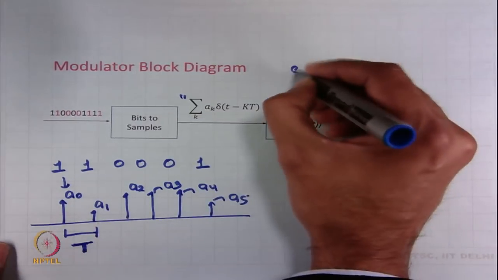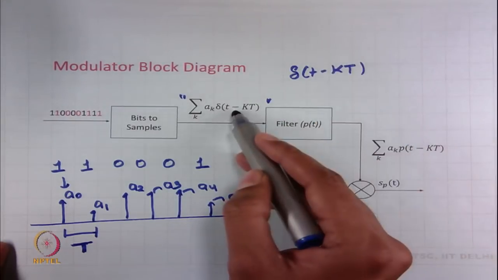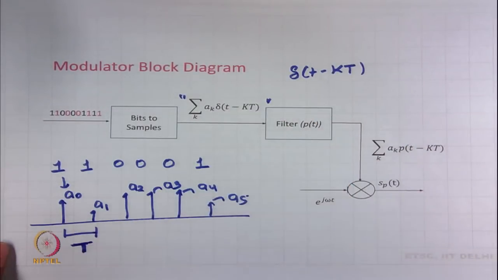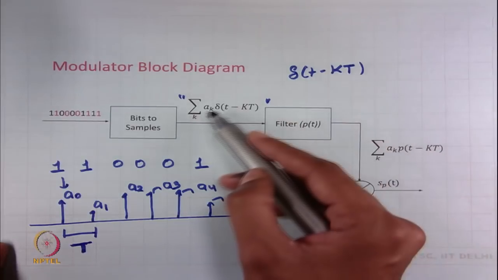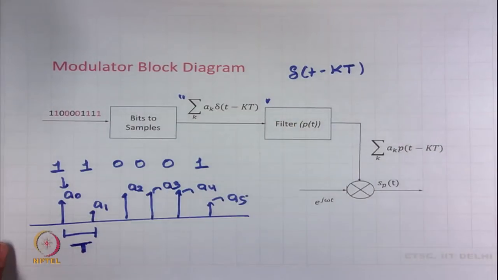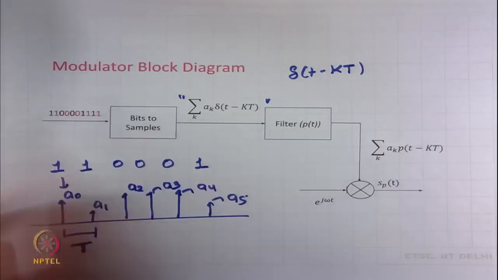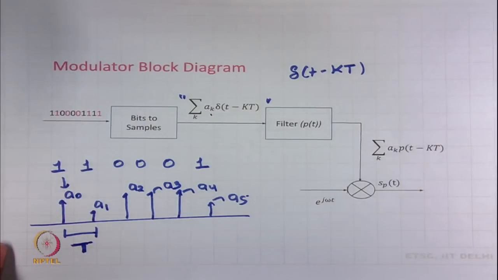So, delta(t minus kT) represents that you have impulses separated with a time of T seconds, and the A_k are the weights of these impulses. So, the first step is, corresponding to a binary sequence, decide on these A_k.